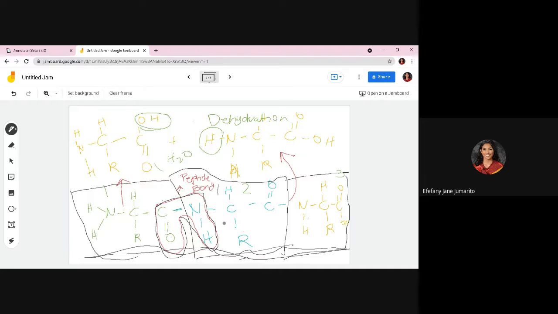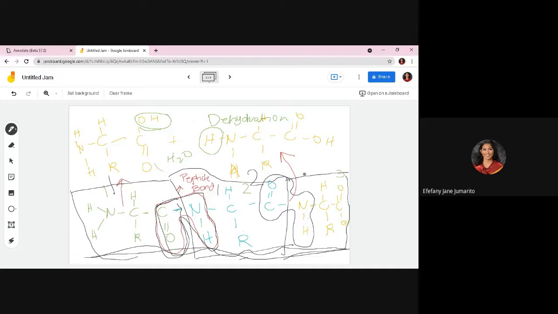Now, if we have 3 amino acids linked together to form one peptide, how many peptide bonds are present? Only 2. The first peptide bond is the linkage between the first amino acid and the second amino acid.